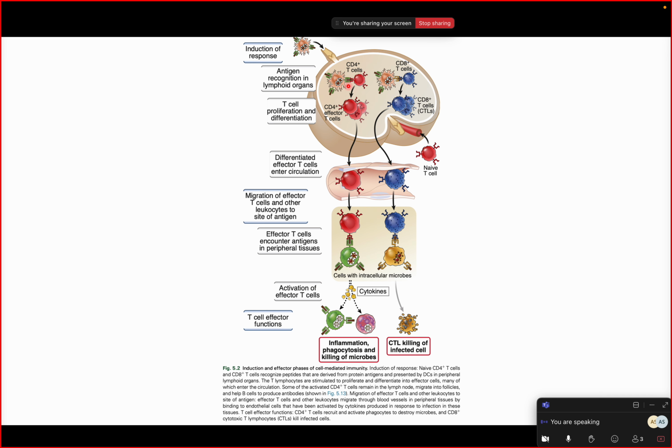So you know MHC I and MHC II, whatever we have discussed, because T cells cannot see the pathogen directly, they have to see the pathogen only by MHC molecule.